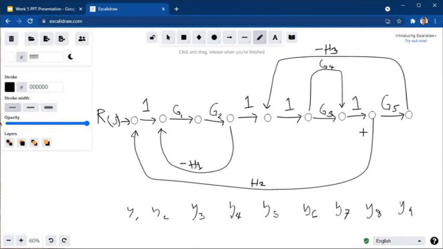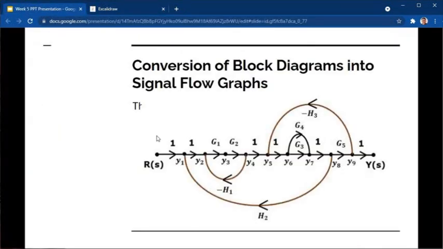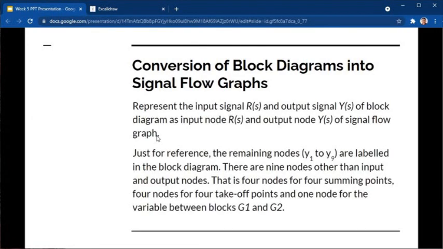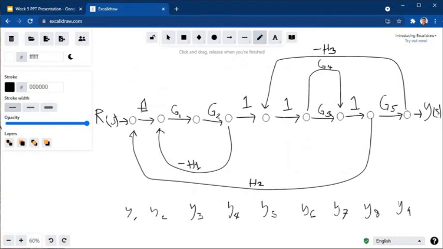Now, I've also overlooked another thing. R sub s, again, is the input, and y sub s is the output. Of course, they are nodes. R sub s going to y sub 1, no gain yet, so gain of 1.